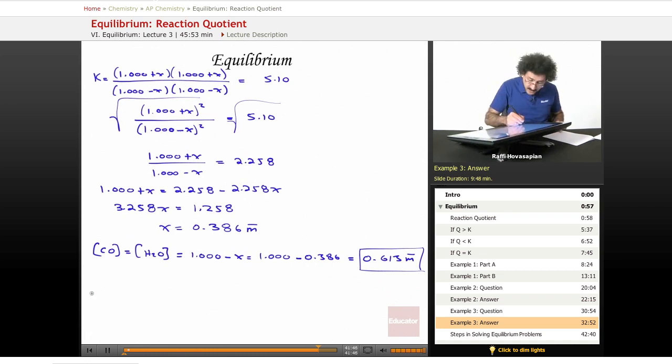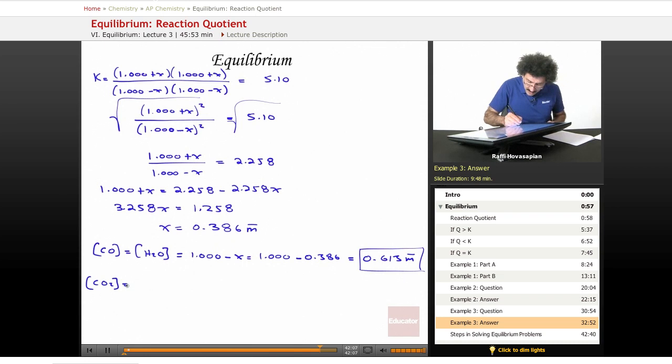Now the CO2 concentration, which also happens to equal the H2 concentration, is equal to, okay, let's see if we can clean this up a little bit. We're not going to have these straight lines driving us crazy all day.